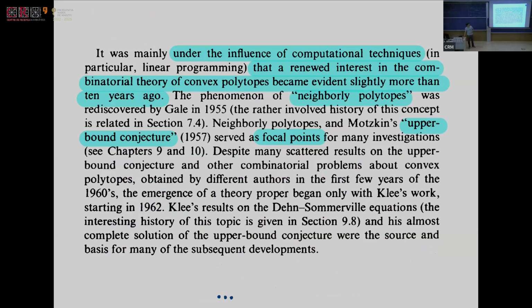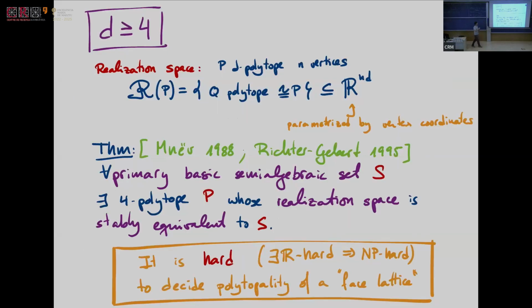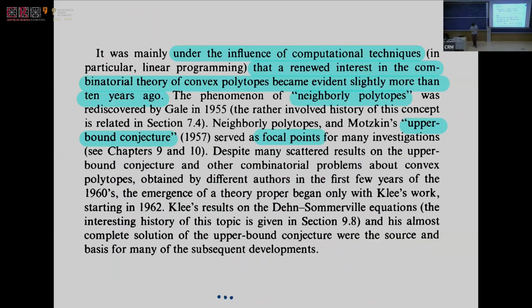Okay. Do you have questions? I'm going on with Grünbaum. So we were left with despair. Well, universality, Grünbaum didn't talk about it because it was not discovered at that time. But we were at the time where polytopes were not interesting. And then something happens, and this something is computers.